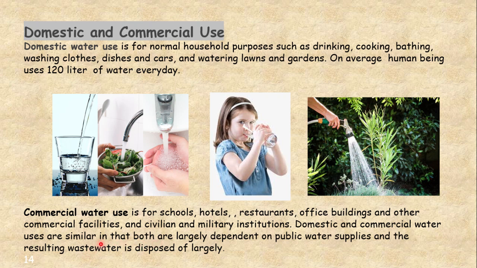These are named as wastewater. The water we use in our homes or in institutes or restaurants or hotels, after using, becomes waste and it is disposed of and enters into the sewage system.